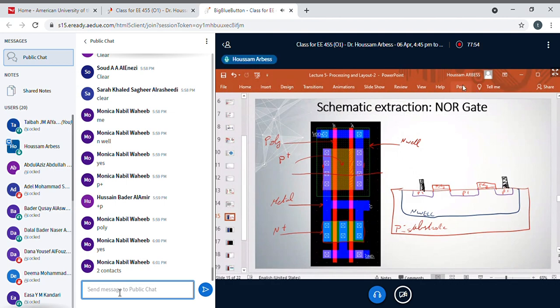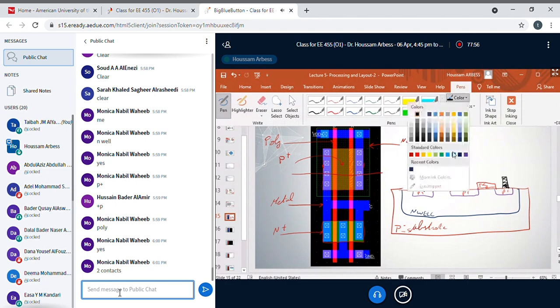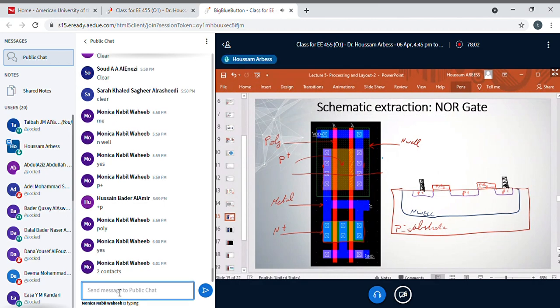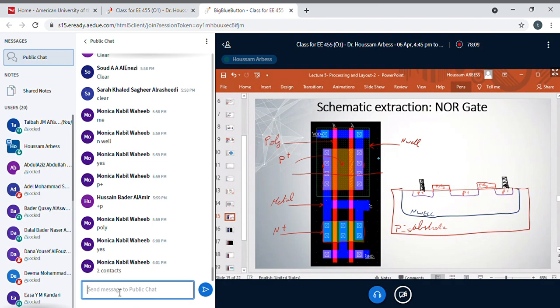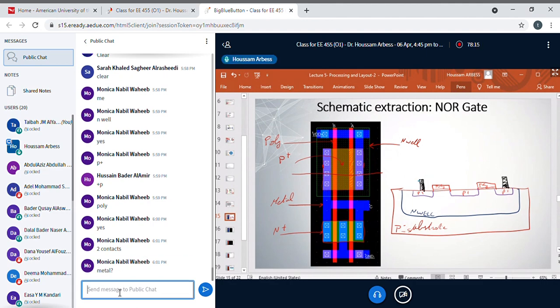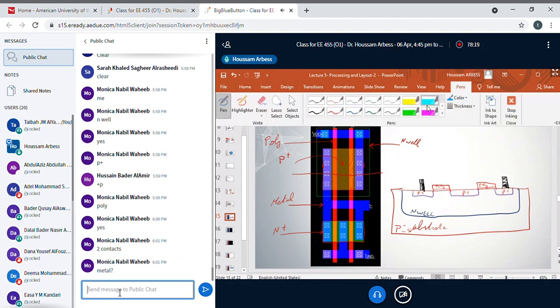What else? What else? The last layer. Yes, I do have metal from here to here in this region.